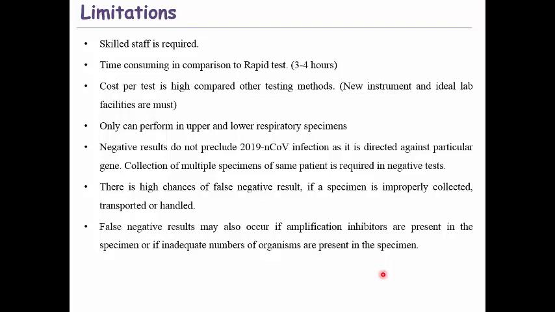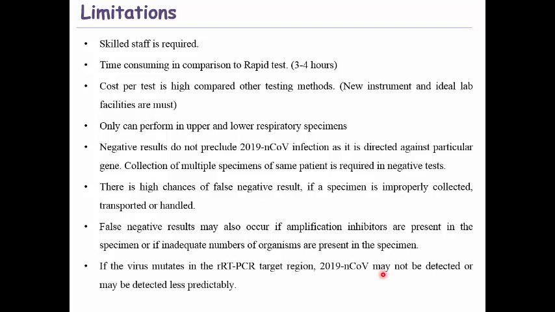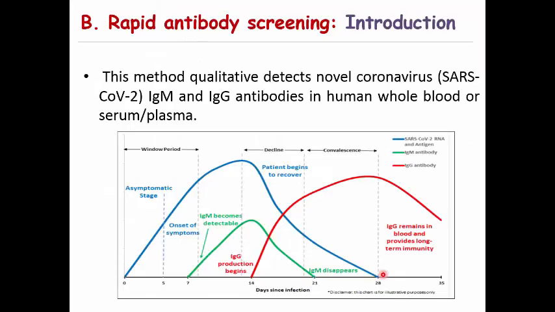So again a false negative result may occur. And if the virus mutates its target region, for example, if we are using the RT-PCR kit for the N gene and E gene, and that sequence is changed, this kit may not detect the virus.